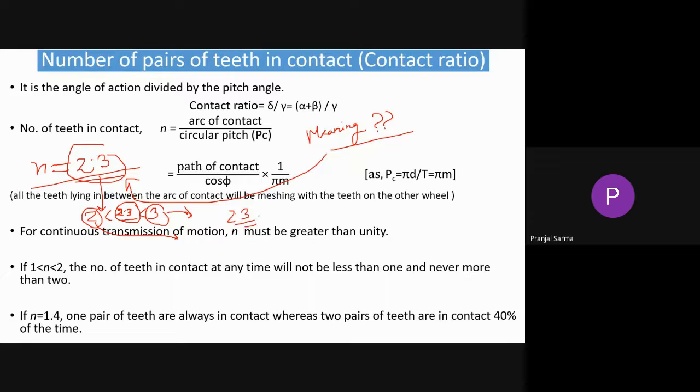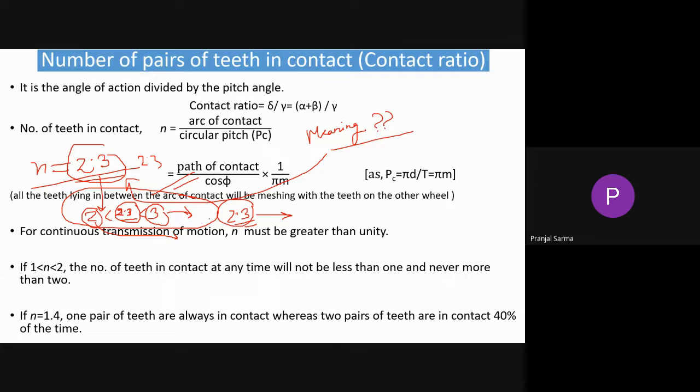Rehan? Sir, the number of teeth in contact will be more than 2 but less than 3, sir. Definitely, that is the first thing. Now be specific with respect to 2.3, because for 2.3, 2.4, 2.5, 2.6, it will be the same case: not less than 2, not more than 3.